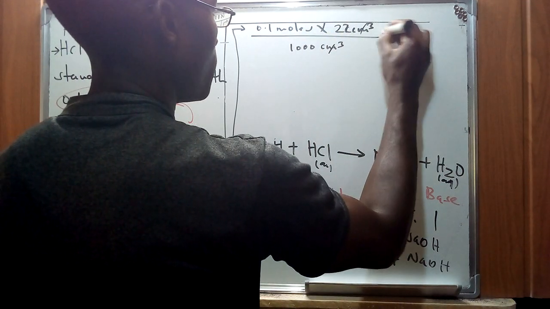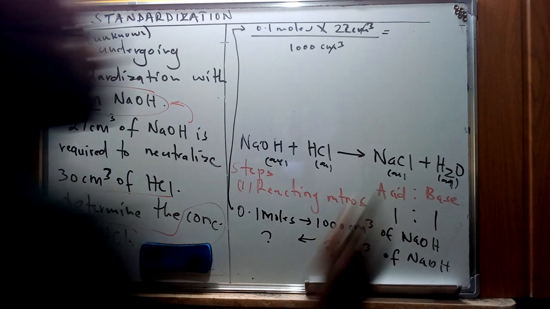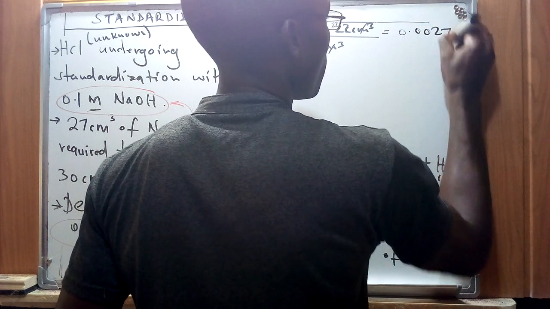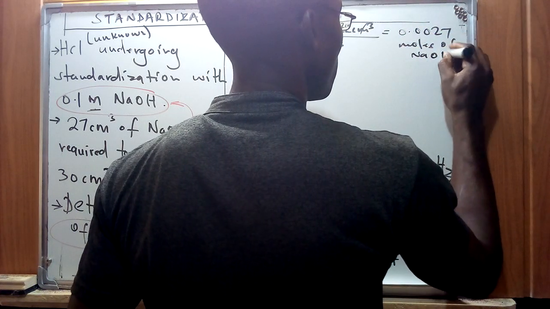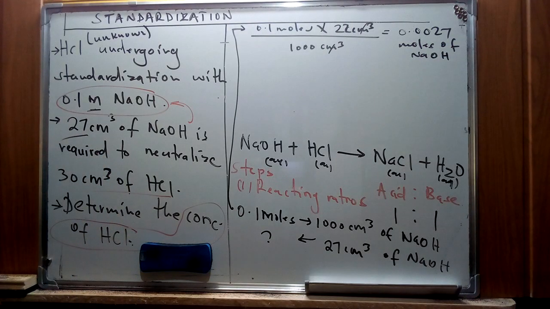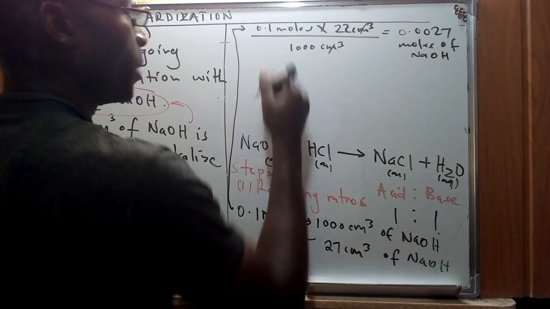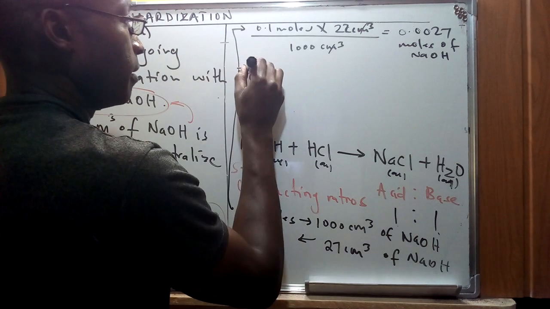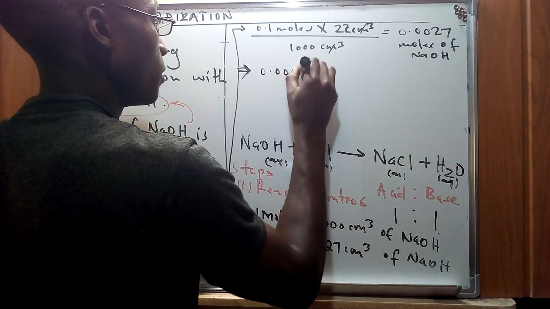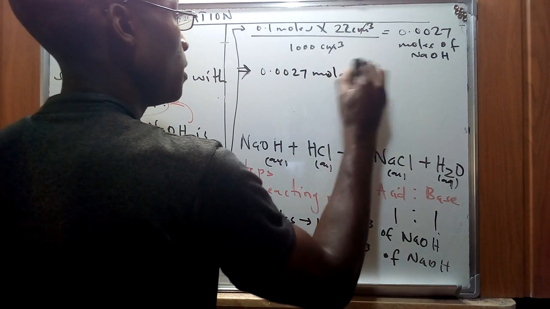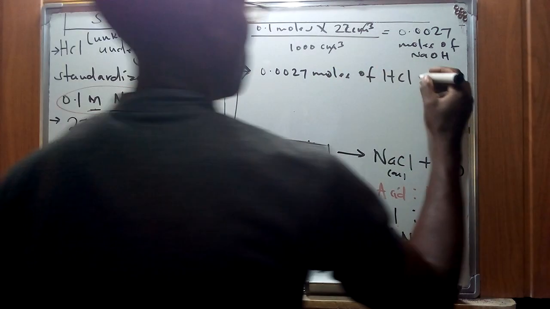This is going to give us 0.0027 moles of sodium hydroxide in 27 centimeter cubed. Since the mole ratio between the acid and base is 1:1, this implies that 0.0027 moles of the acid were contained in 30 centimeter cubed.